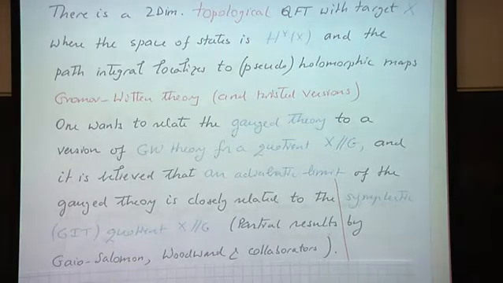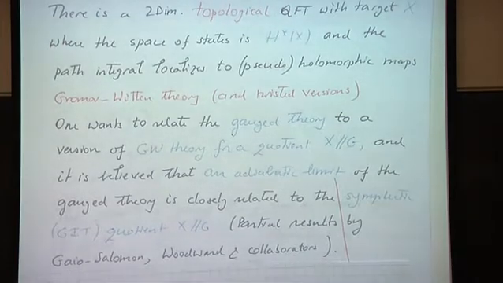But it turns out the standard belief is that some limit, an adiabatic limit, of the gauge Gromov-Witten theory is related to the Gromov-Witten theory of the GIT quotient. And there are partial results in this direction. Some are quite old, going back to Gaio and Salamon, and Woodward and collaborators have more recent results.